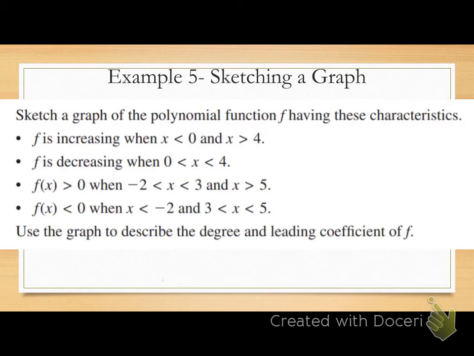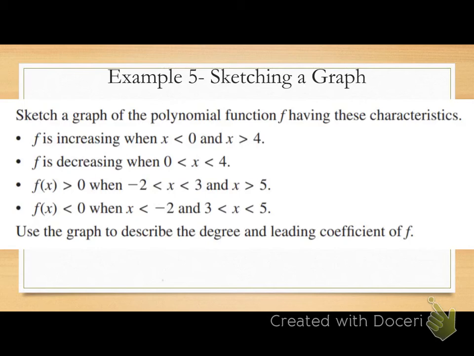F of x is greater than 0 when x is between -2 and 3, and when x is greater than 5. F of x is less than 0 when x is less than -2 and x is between 3 and 5.